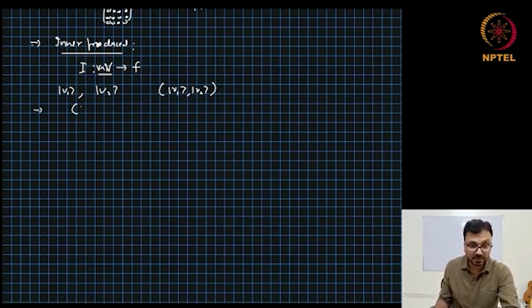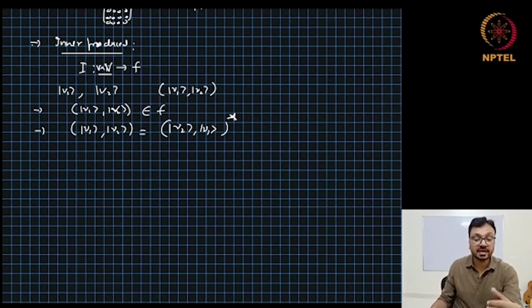First of all, the property is that V1, V2, which is a scalar, is equal to V2, V1 inner product, but not equal, it's a conjugate.